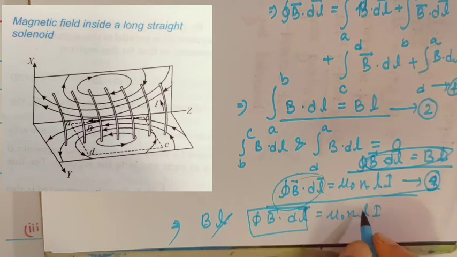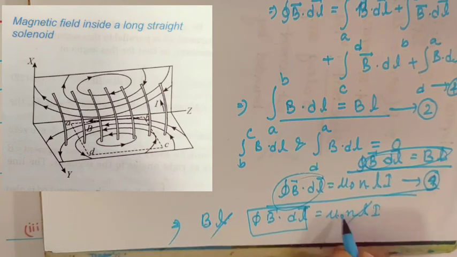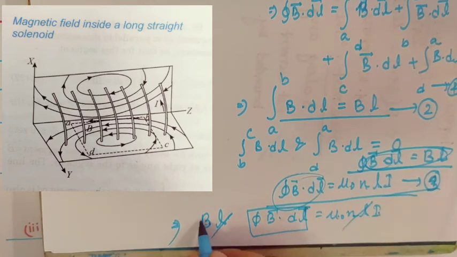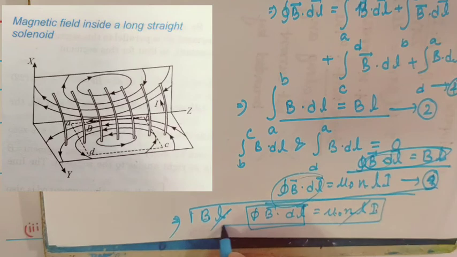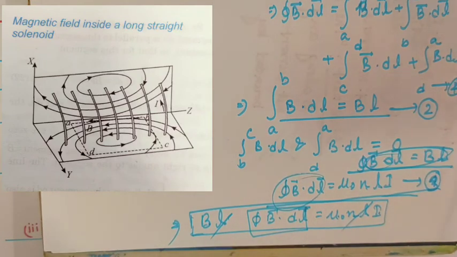So L cancels out. B is equal to mu naught nI. So this is our expression for magnetic field inside a long straight solenoid.